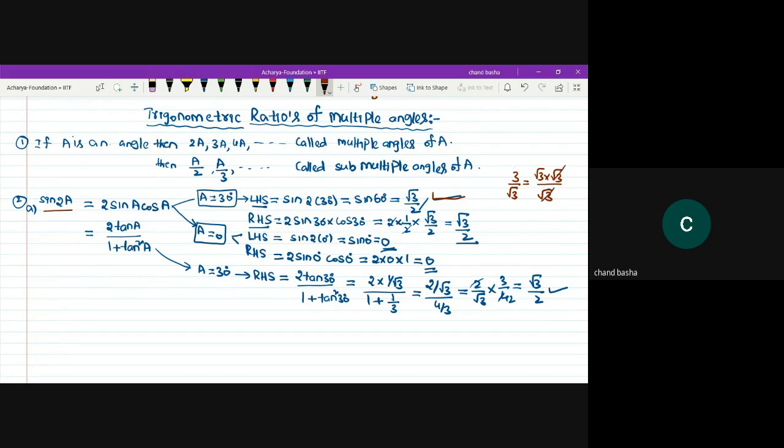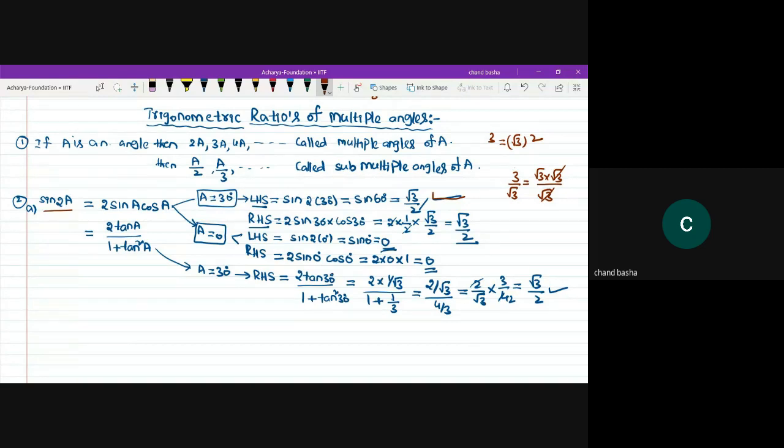In the numerator I'll get root 3, and the denominator already has 2. What will happen to the numerator 3, sir? Numerator 3, I can write it as root 3 into root 3. Root 3 whole square means square and square root, the cube and cube roots concept is there. So one number, suppose 3, we can write it as root 3 whole square. One root 3 will get cancelled.